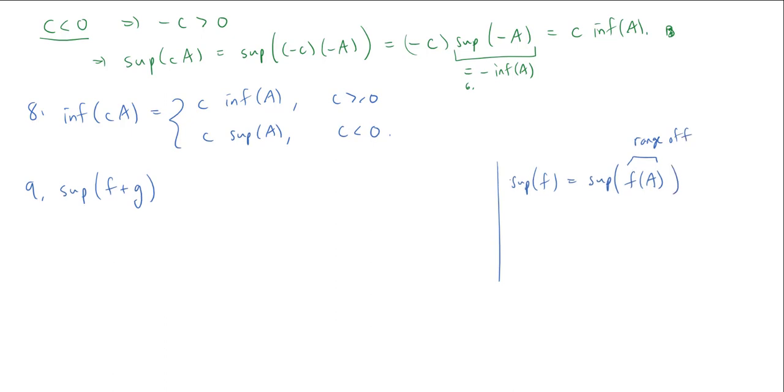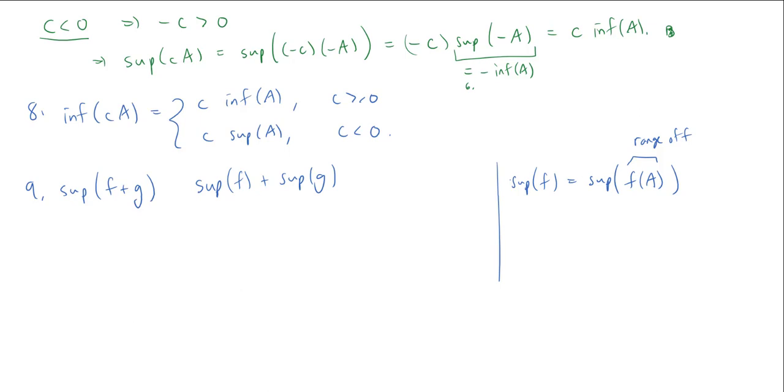Well, the range of f has a supremum, and that's what I'm going to call the supremum of a function. It will just be the supremum of the range of the function. So when I have the supremum of f plus g, I mean the supremum of the range of f plus g. And the claim is that there's a relationship between the supremum of f plus g and the sum of the suprema of f and g.